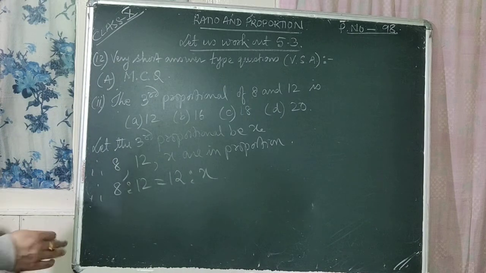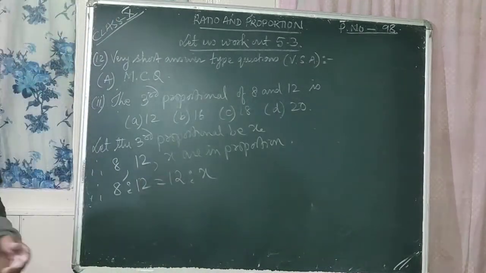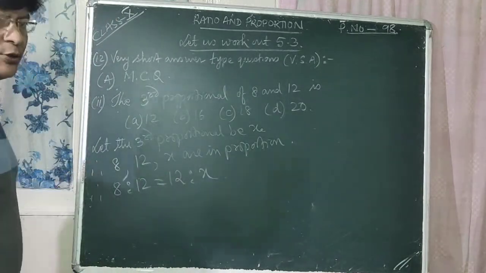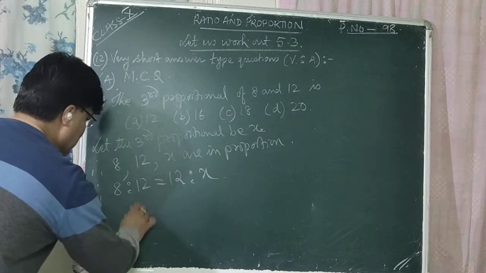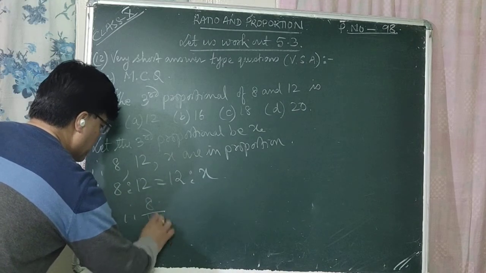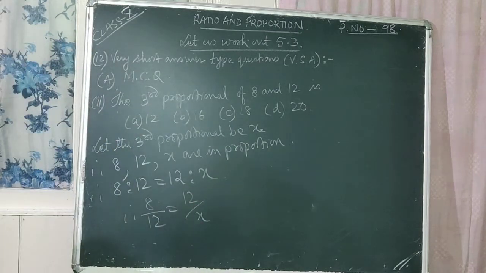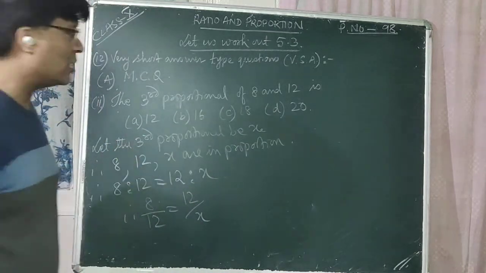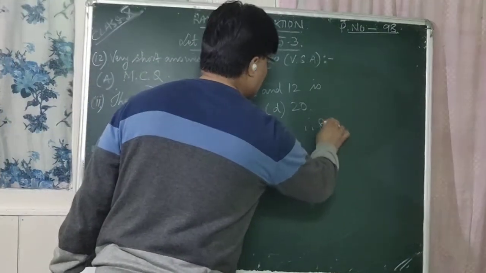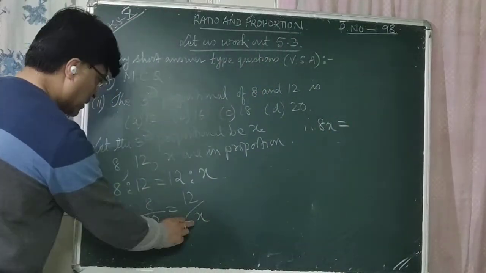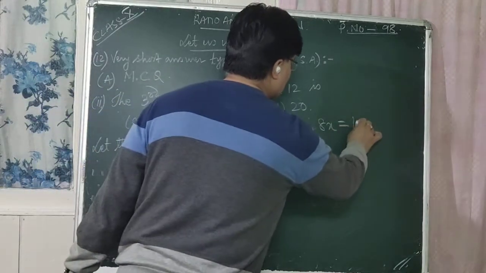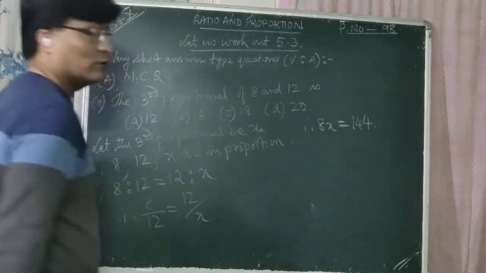Now here also similarly as in the previous problem, you can easily get the value for x. Now this ratio can be written in terms of fraction. That is 8 upon 12 is equal to 12 upon x. So you can do cross multiplication now. That is 8 into x is 8x, then 12 into 12 is 144, right?